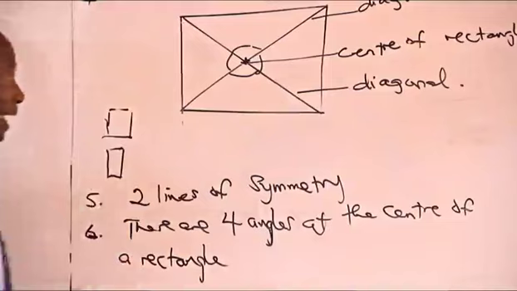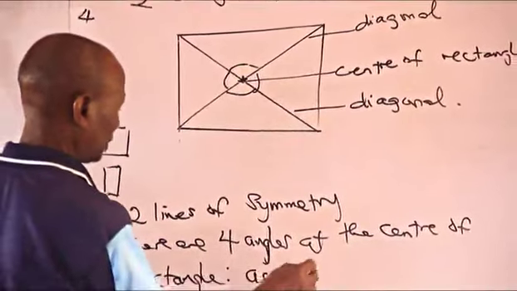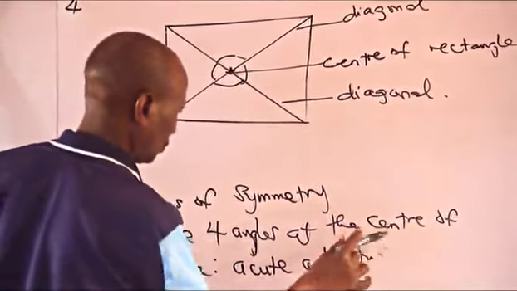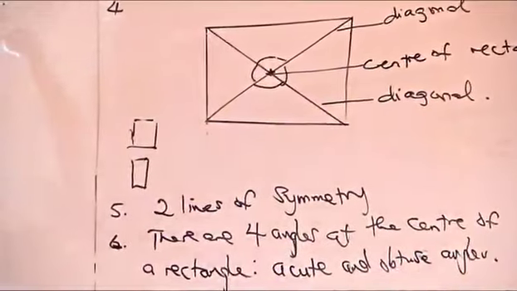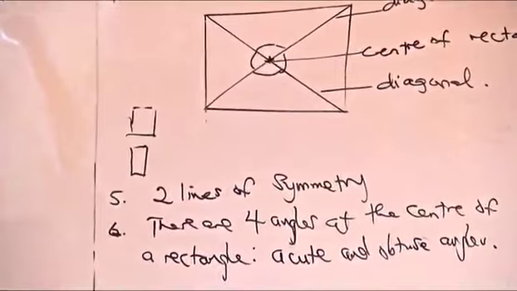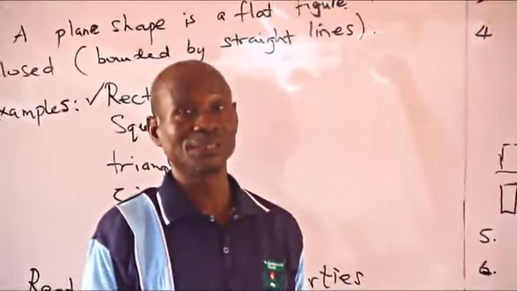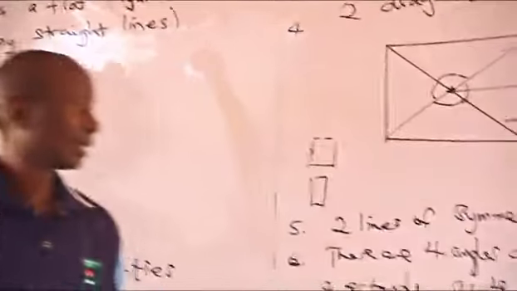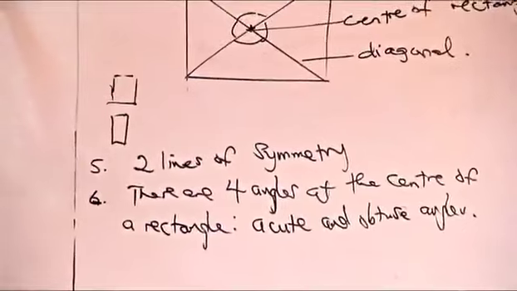You will see that these angles are acute and obtuse angles. From our previous lessons, we have seen that acute angles are angles between 0 degrees and 90 degrees, and obtuse angles are between 90 degrees and 180 degrees.